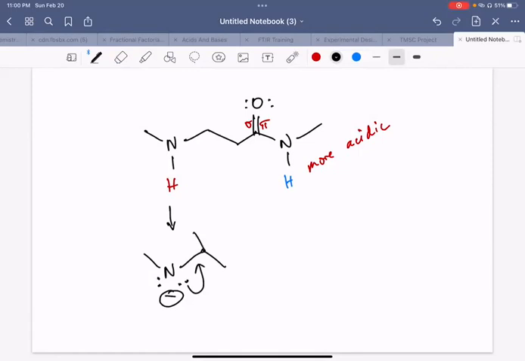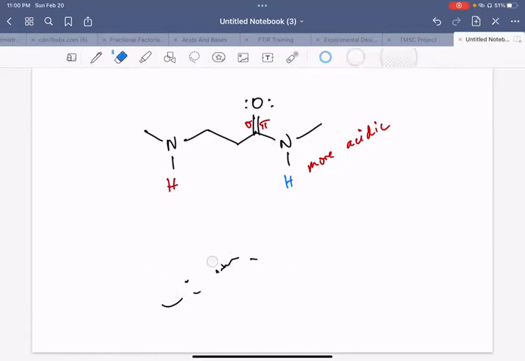Remember that carbon is tetravalent, and when you add up the electrons here, the carbon becomes pentavalent, and that's impossible to happen.